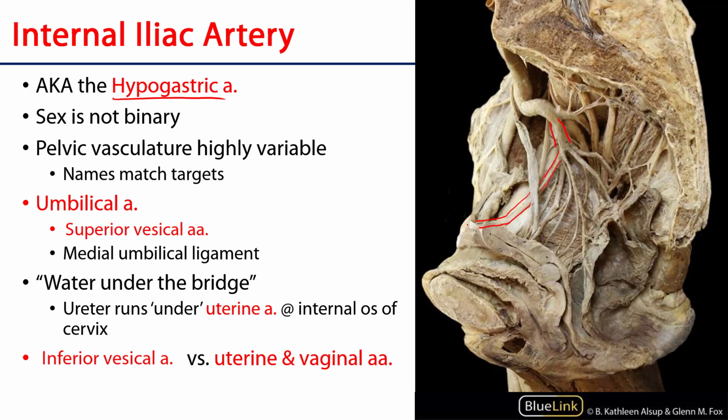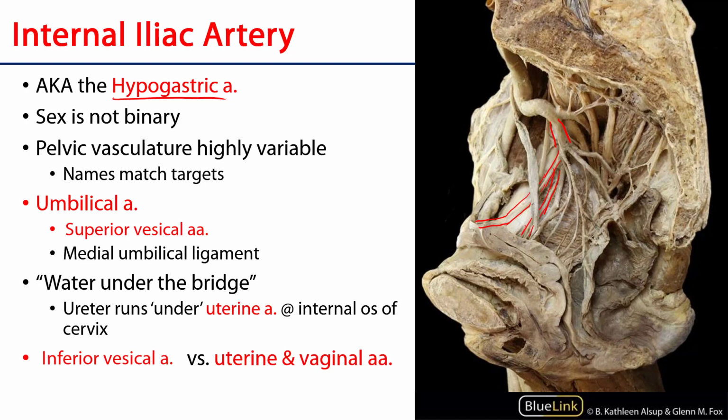It becomes the medial umbilical ligament that can then be traced up to the umbilicus, or the belly button. It would be patent in a fetus, but in an adult, there is no need to send blood out towards the umbilical cord there. What this artery does have coming off of it are superior vesical arteries, and we can see one example of that here.